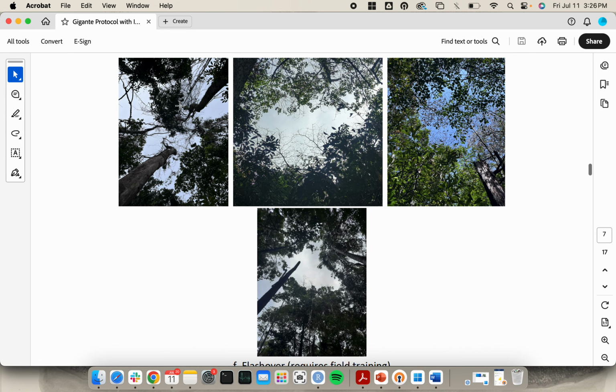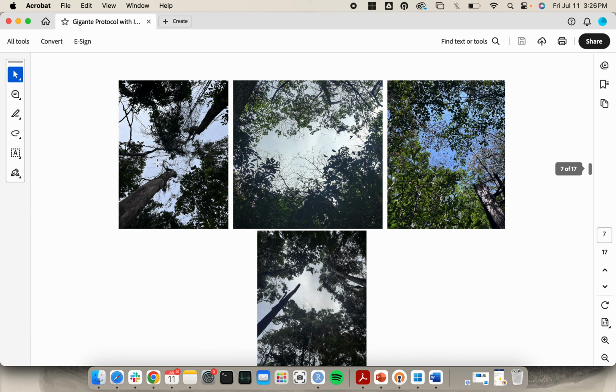So let's say this tree was struck by lightning, so there are a lot of flashovers, and most of the branches that are pointing towards the tree that was hit by lightning have flashovers, and the tips of the branches are dead.